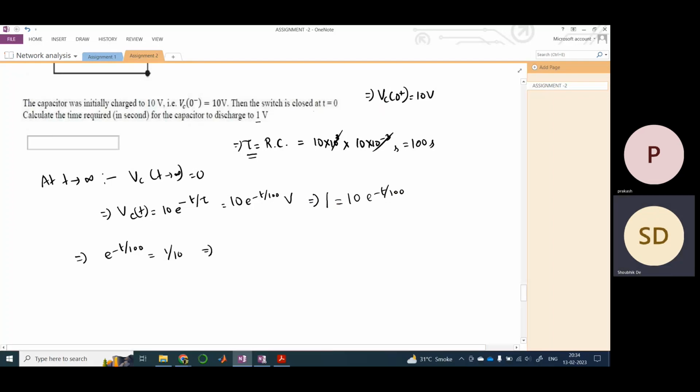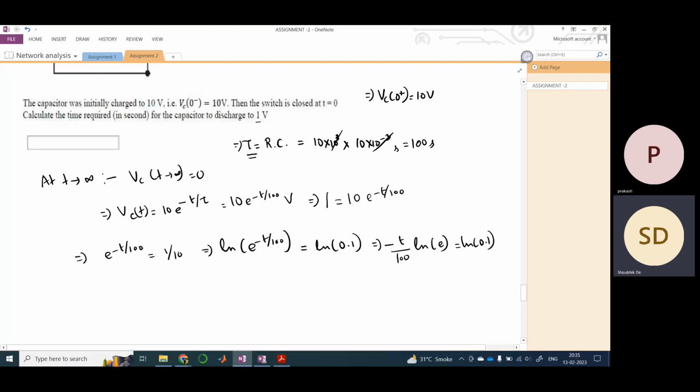Now you apply ln, the logarithm, on both sides, right? So this would be ln of e to the power minus t by 100 equals to ln of 0.1. I'm simplifying the expressions for you. The minus t by 100 would come to the front, so it would be minus t by 100 into ln of e, equals to ln of 0.1.